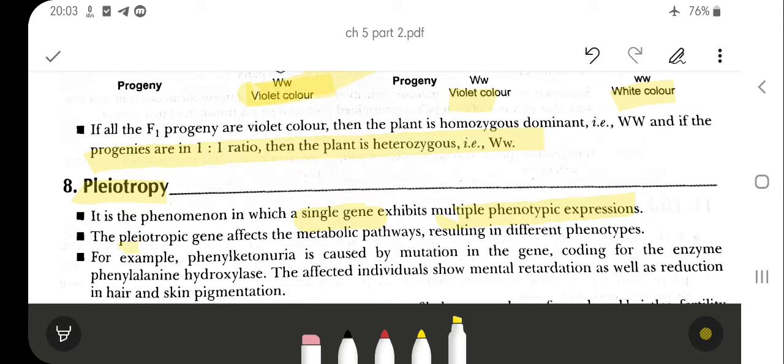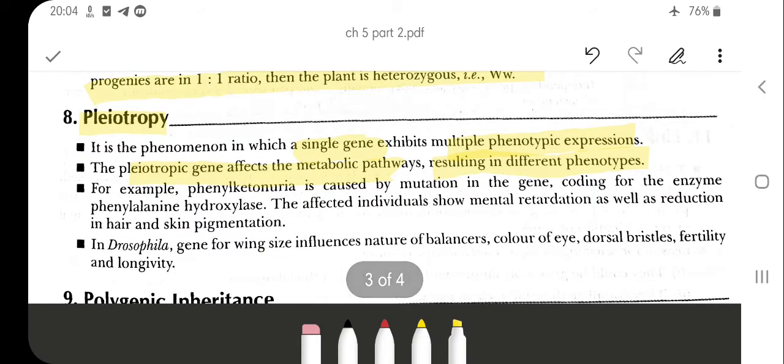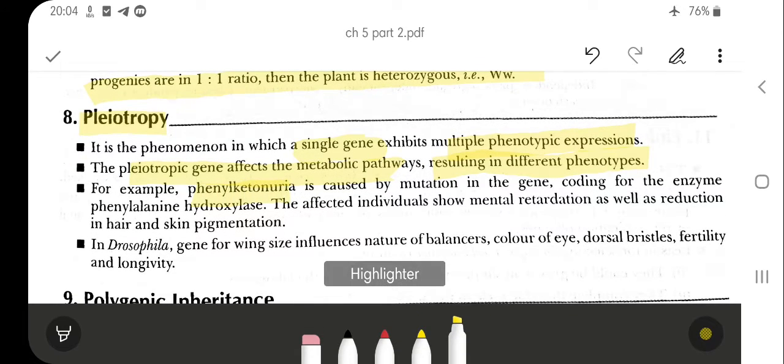So pleiotropic genes affect the metabolic pathway, resulting in different phenotypes. The example given here is phenylketonuria, which is caused by a mutation in the gene coding for the enzyme phenylalanine hydroxylase. The affected individual shows mental retardation as one of the symptoms.